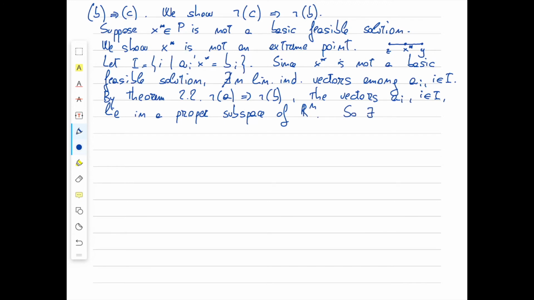So there exists a non-zero vector, let's call it d, in R^n, orthogonal to the subspace.